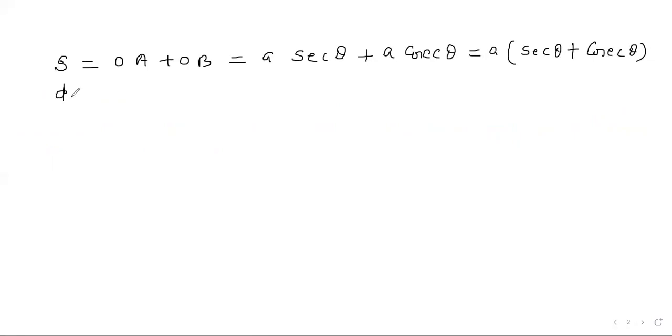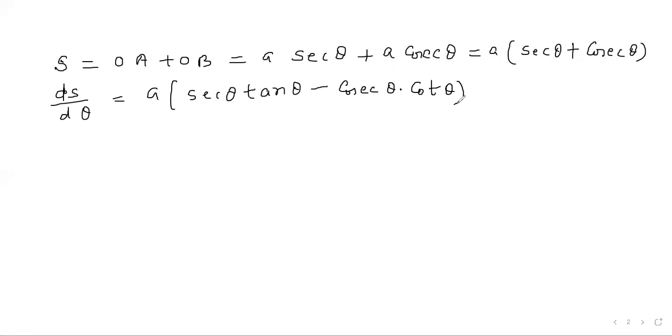Now we differentiate it with respect to theta. dS upon d theta equal to a times sec theta tan theta minus cosec theta cot theta.